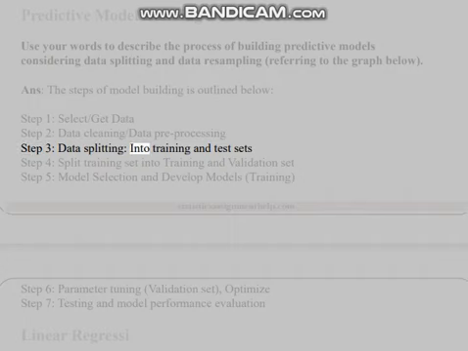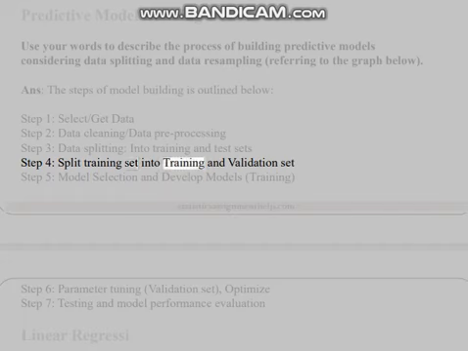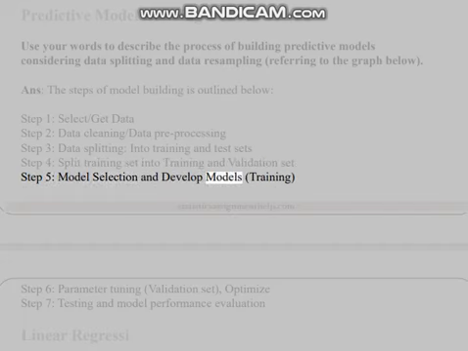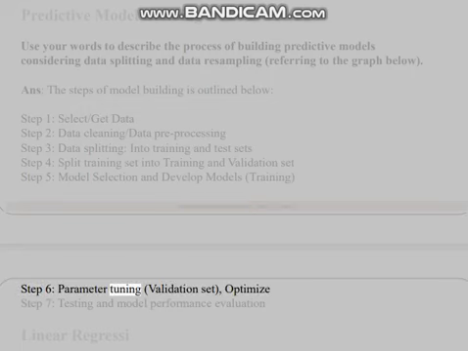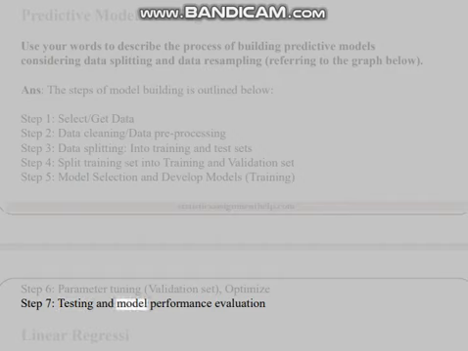Data splitting into training and test sets. Step 4. Split training set into training and validation set. Step 5. Model selection and develop models, training. Step 6. Parameter tuning, validation set, optimize. Step 7. Testing and model performance evaluation.